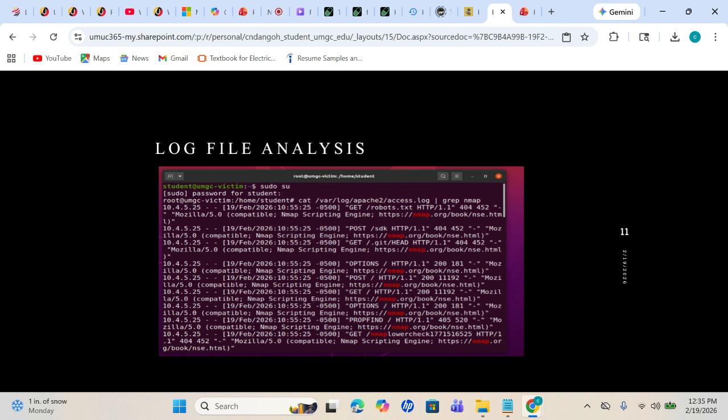The log file shows nmap entries, and that shows there was a data breach. The nmap is pointing to 10.4.5.25, so it shows you where the breach was coming from.